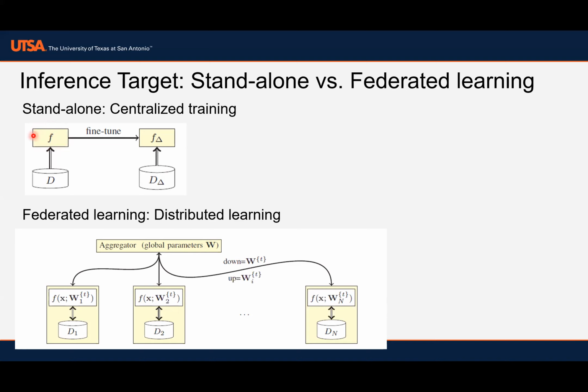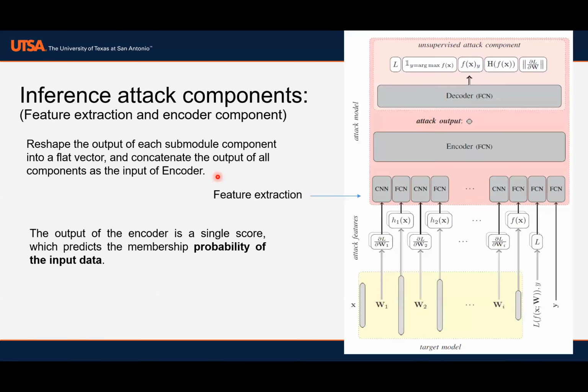In this process, he can get the parameters. So he can use these parameters to train a network to predict the data set.